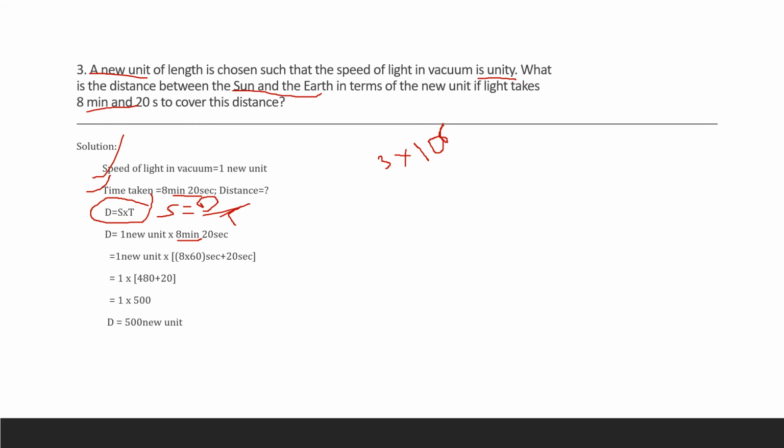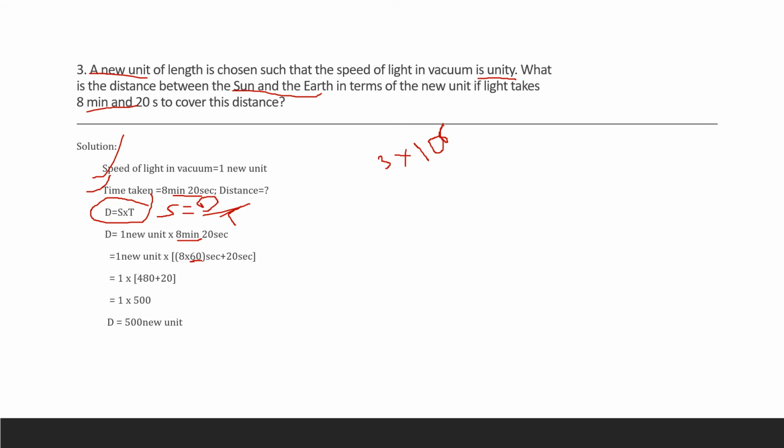Usually we measure distance in meters and speed in meters per second. So we'll convert 8 minutes 20 seconds into seconds. 1 minute is equal to how many seconds? 60 seconds.